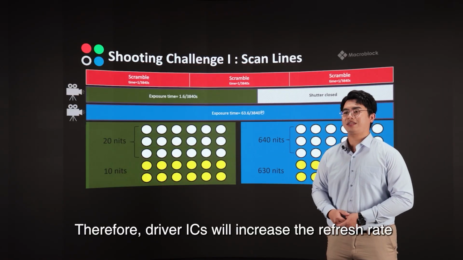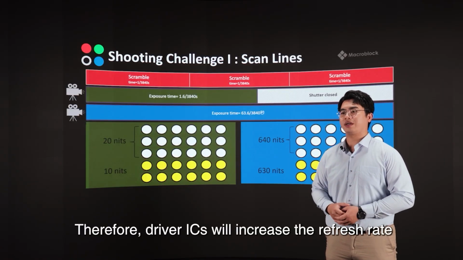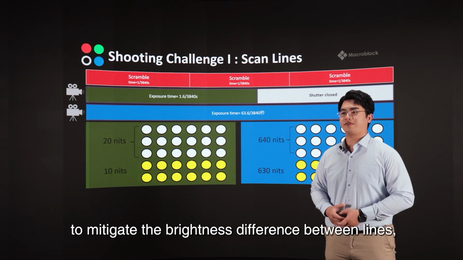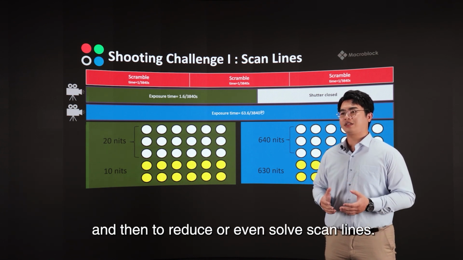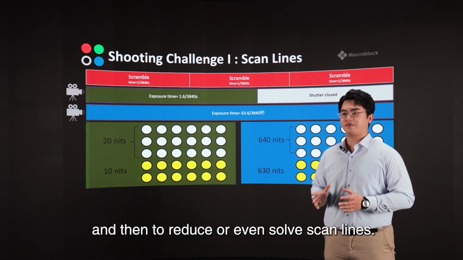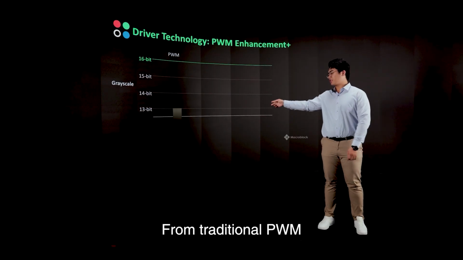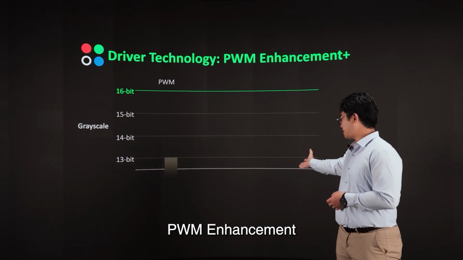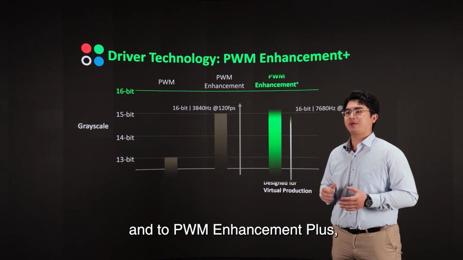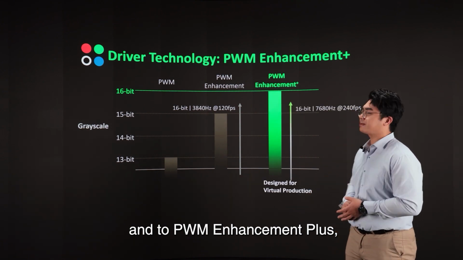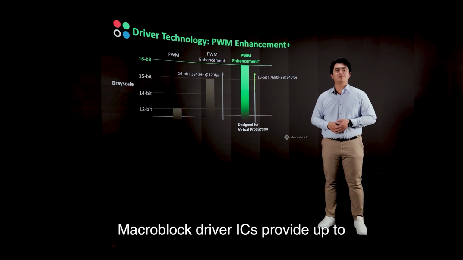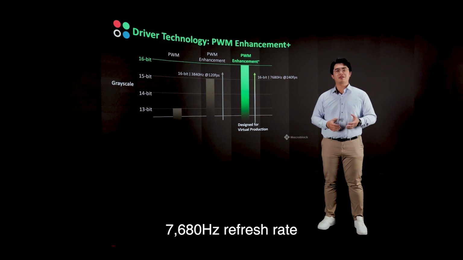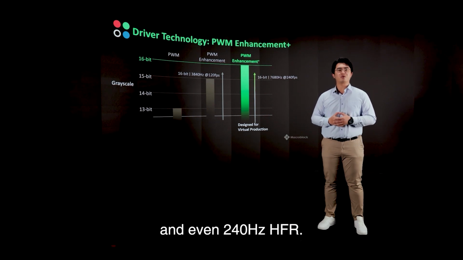Therefore, driver ICs will increase the refresh rate to mitigate the brightness difference between lines, and then to reduce or even solve scan lines. From traditional PWM Enhancement to PWM Enhancement Plus, Macroblock driver ICs provide up to 7,680 Hz refresh rate with 120 Hz and even 240 Hz high frame rate.